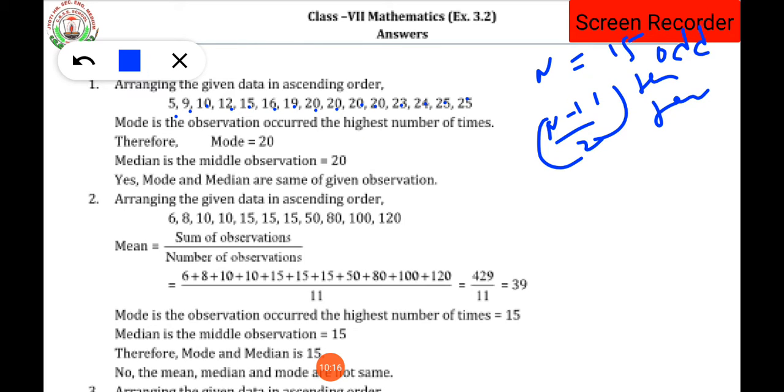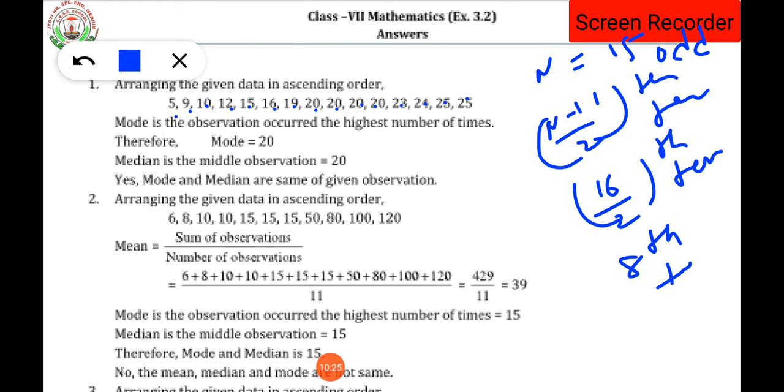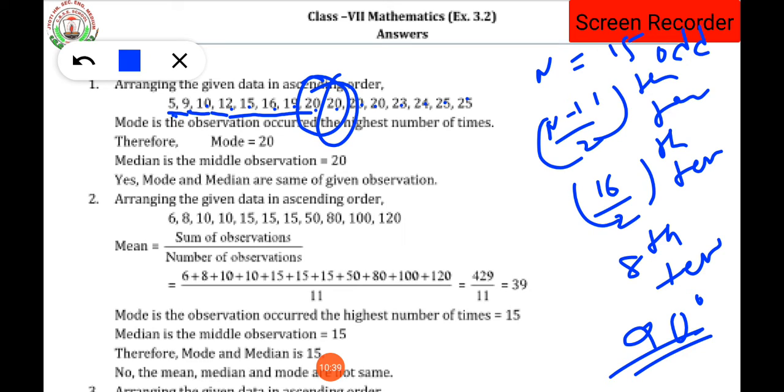So 15 plus 1 is 16, 16 divided by 2 is 8, the 8th term. What is the 8th term? 1, 2, 3, 4, 5, 6, 7, 8. The 8th term is 20, so the answer will be 20.